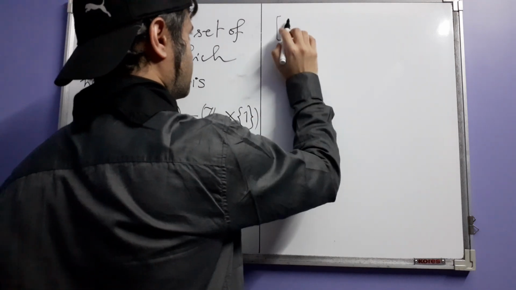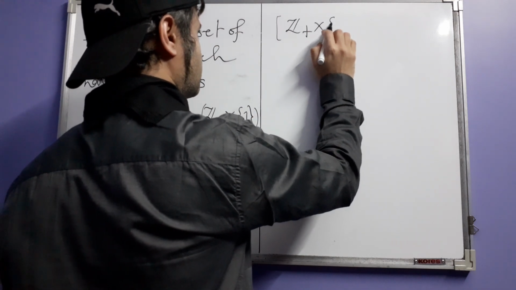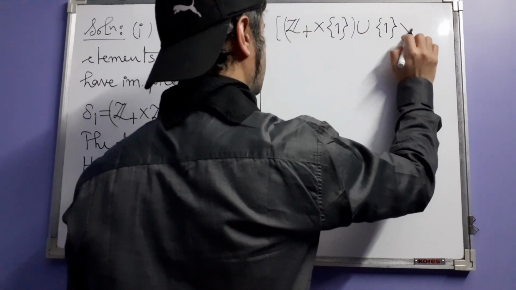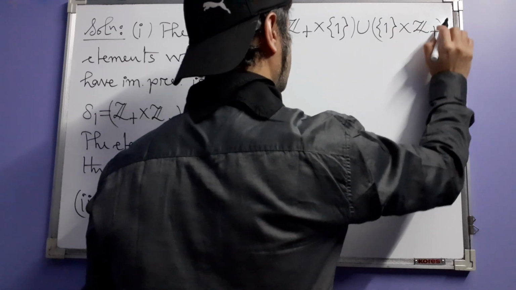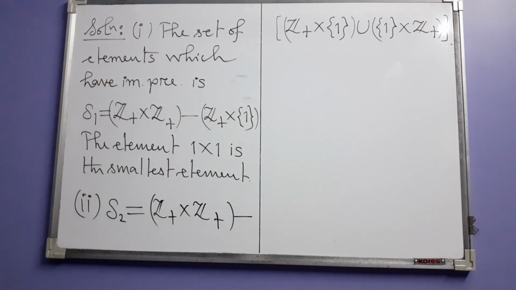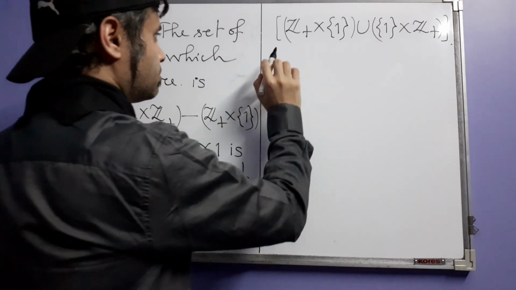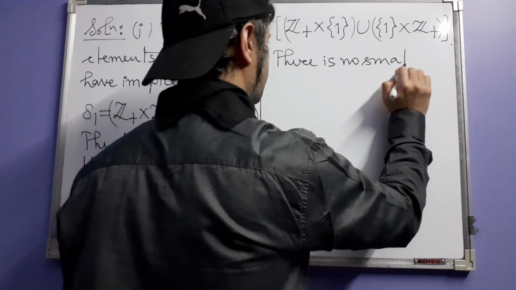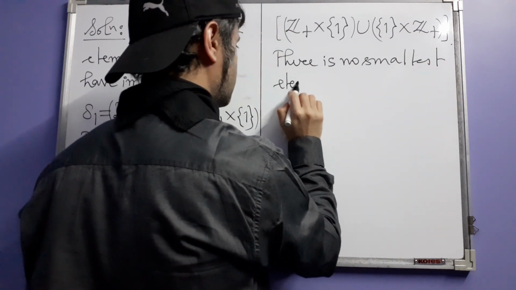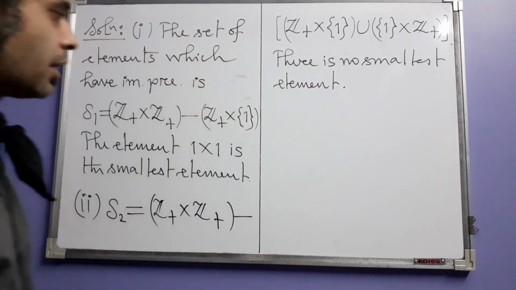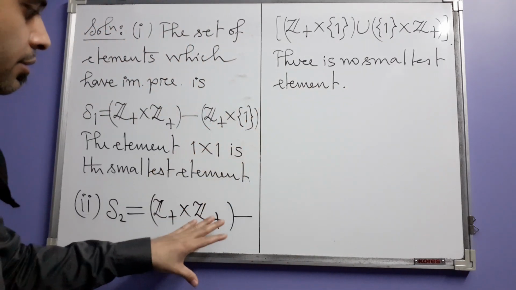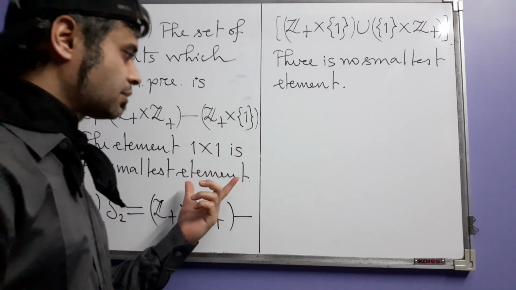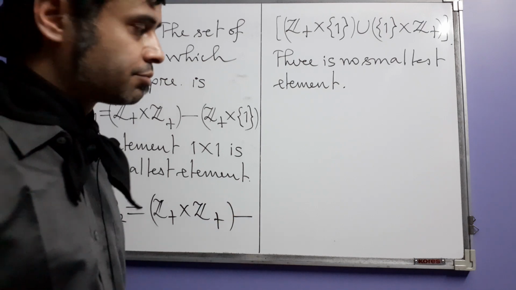That means, union, this is the set of points which have immediate predecessors. There is no smallest element. So you can immediately see that the second set has a different order type than the first set, because the first set has a smallest element but the second one doesn't have.